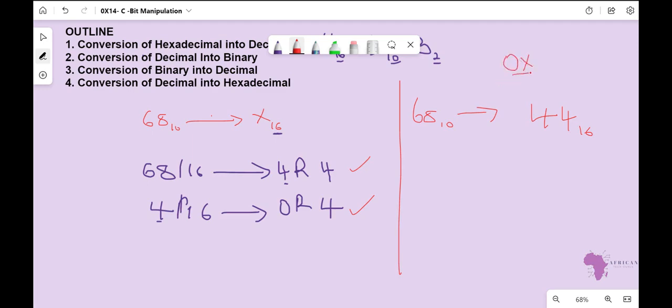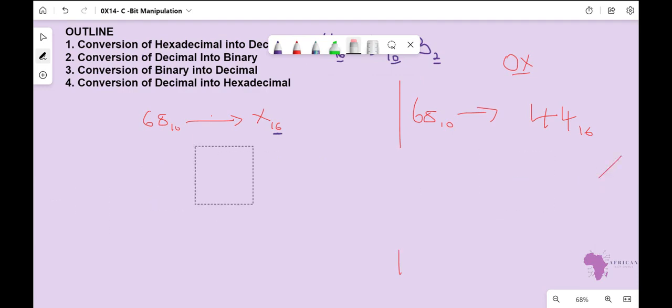So our answer now will be 0x4, and that is the hexadecimal number of 68. What can we conclude out of this? We can conclude this way, let me wrap.